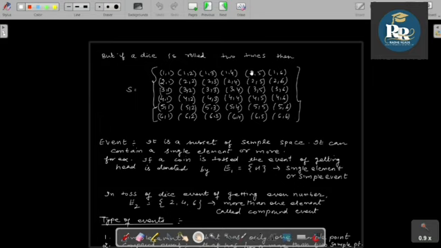But if a dice is rolled two times, then how many possible outcomes do you have? You have 6 cross 6, that means 36 outcomes, right? In this case, you can have one on the first die and one on the second die. If these are the first die outcomes and these are the second die outcomes, then you have the possible 36 outcomes, right?